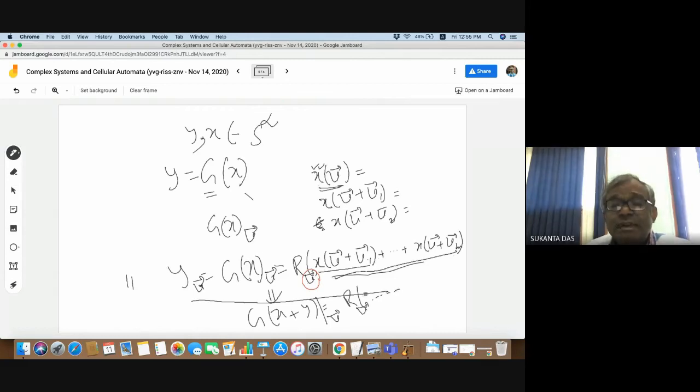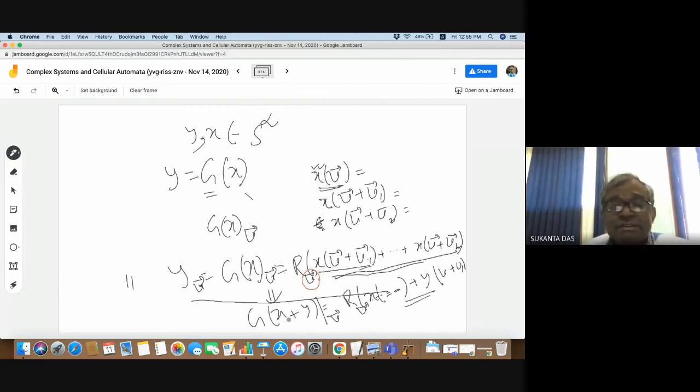This is for x, and similarly for the y part I'll write another thing, similarly v plus v1, and so on.